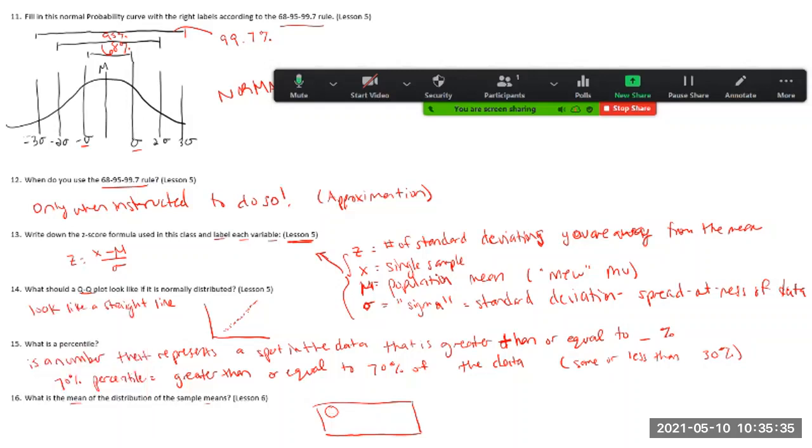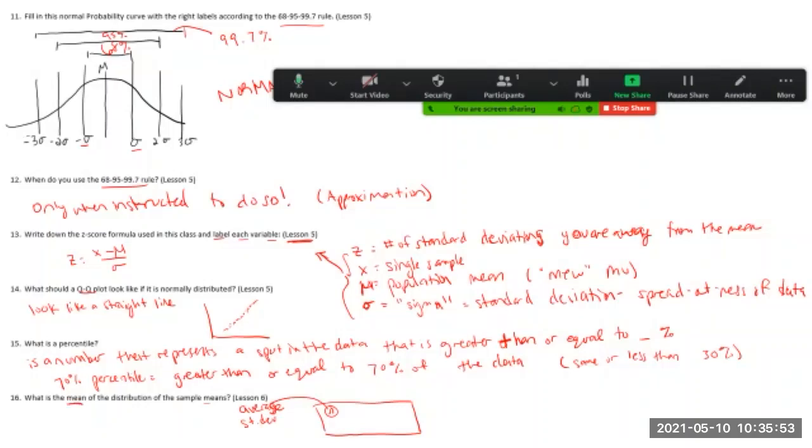And within that sample, we could have an average, and we can also have a standard deviation, spread outness within that sample.